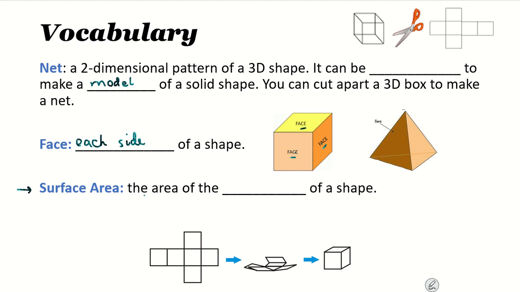Surface area. Surface area is the area of the outside of a shape. Okay? The best way I like to describe surface area is imagine you have a gift that you're trying to wrap, and this gift is one of those good ones that's a nice perfect shape. It's shaped like a box, so it's really easy to wrap, right?